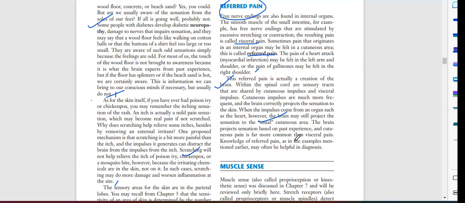So what is referred pain? Basically, every nerve is connected to each other. Okay, every nerve is connected to each other. So if one of the nerve endings is feeling the pain, because that nerve is connected to other nerves also, the receptors which are getting the pain, okay, the sensation of the pain will also touch the parallel receptors.